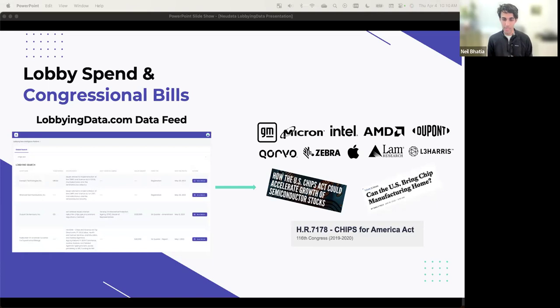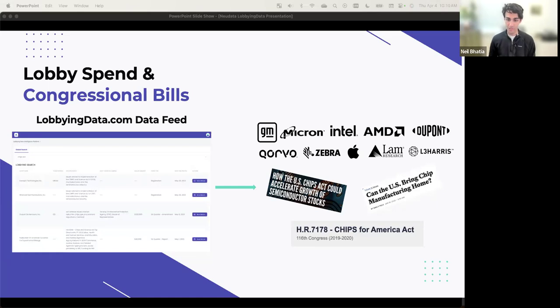Don't even pay attention as much to the lobbying spending. It's easy to do so. What we want to do, and what I think the real alpha in our data set is, and that's why we're able to target institutional clients, is to actually look at the individual lobbying reports and see, is L3 Harris lobbying on the CHIPS Act? And then three months later, are they receiving a tax credit?